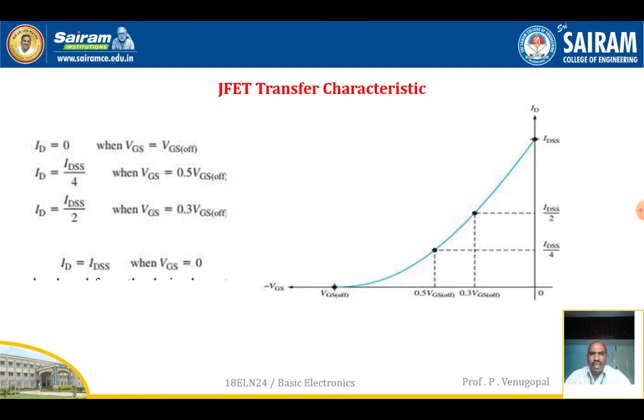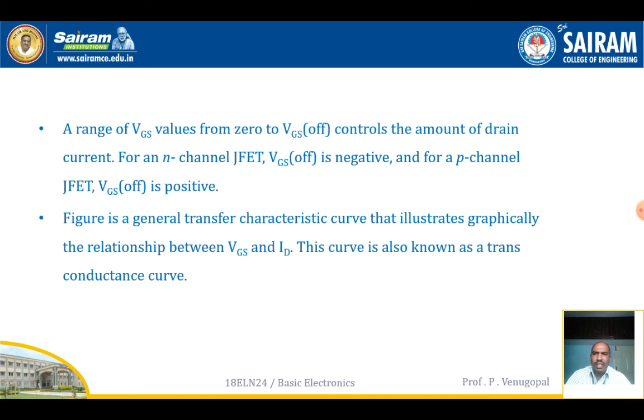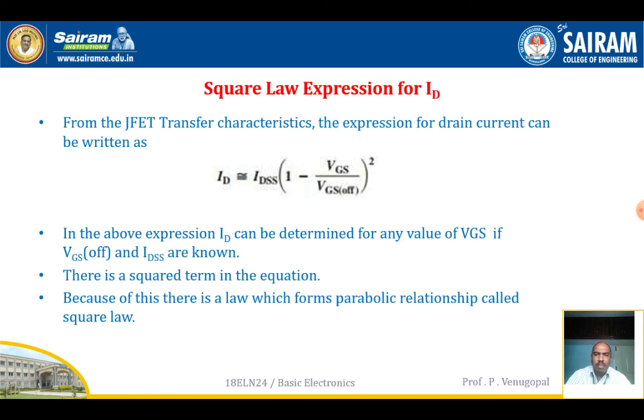Next we are studying the square law expression, which is important from the examination point of view. The square law expression for the ID drain current: from the JFET transfer characteristics, the expression for the drain current can be written as ID equals IDSS into (1 minus VGS by VGS off) whole square. VGS off is sometimes also called VP.